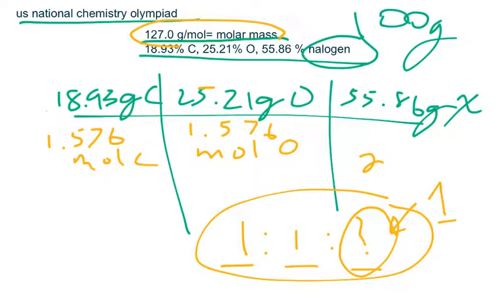And the masses of the carbon and the oxygen at least take up 10 or 20 or more grams. So we can't have iodine since 126.9 is too close to 127 grams per mole.